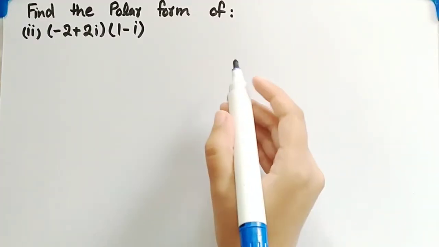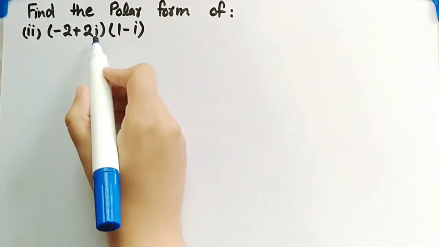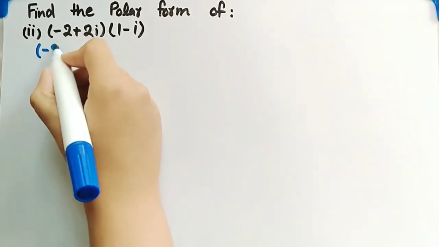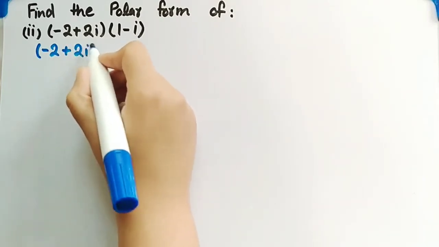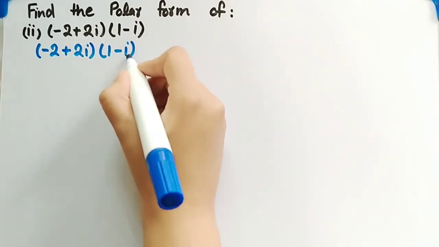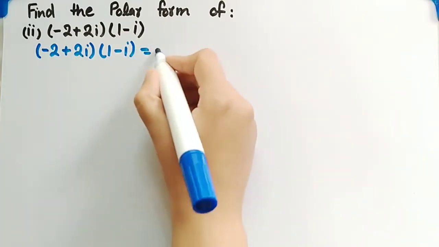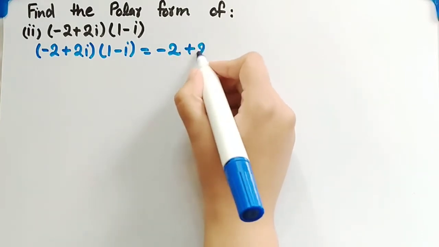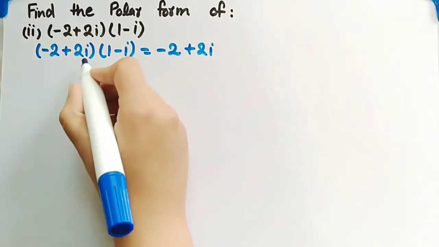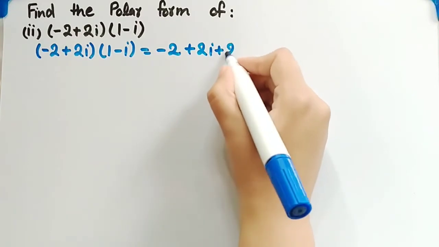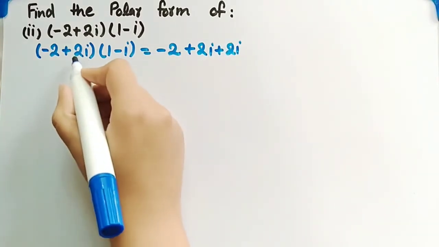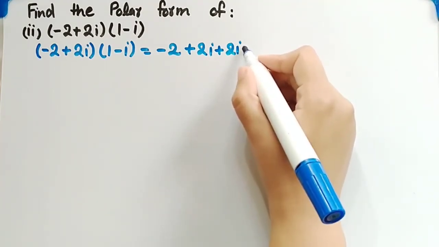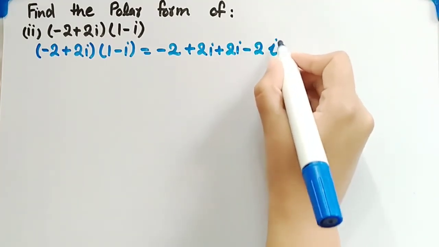Now we will find the polar form of (-2 plus 2 iota) into (1 minus iota). Firstly, we will multiply to simplify this complex number, and it will be equal to -2 times 1 is -2, -2 times minus iota is plus 2 iota, plus 2 iota times 1 is plus 2 iota, and 2 iota times minus iota is equal to -2 iota square.